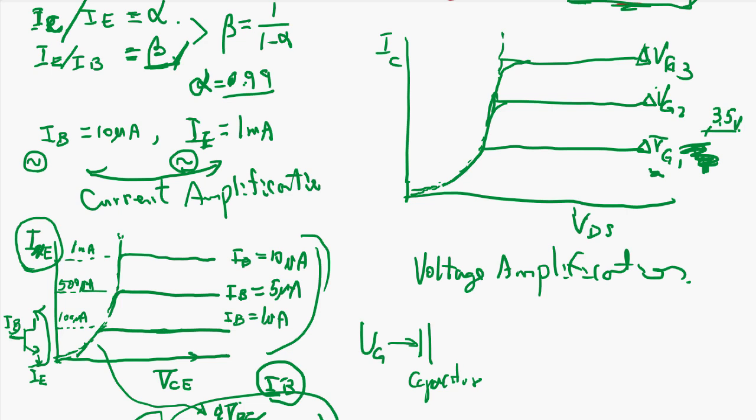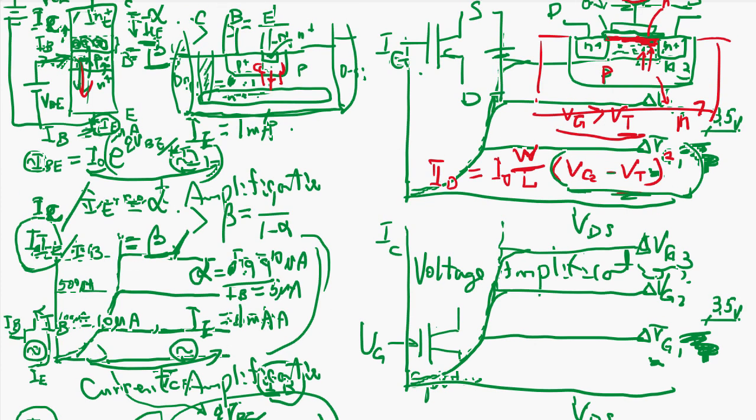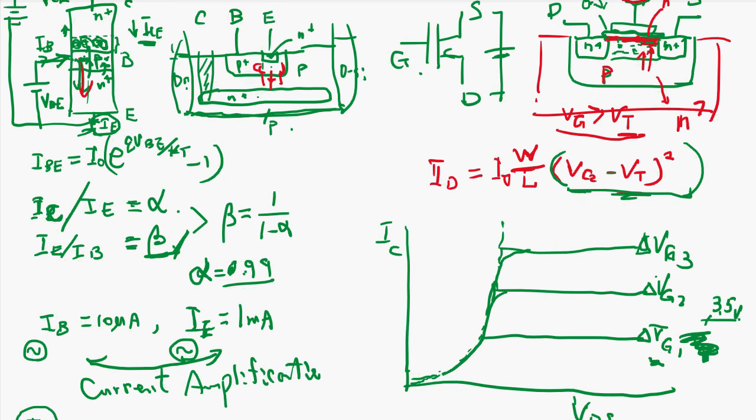And VGE just applies the electrical field in the bulk, in this case N-channel MOS, and affects the surface of this P well, creating an inversion N-channel, and once the N-channel reaches the other side, okay, then IC starts flowing, this current starts flowing.